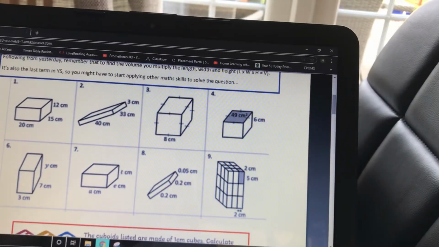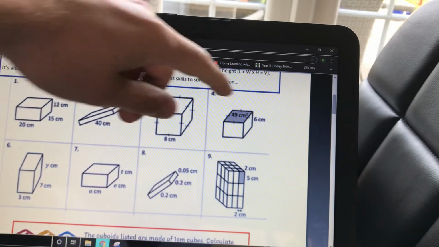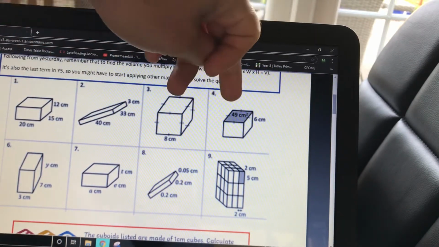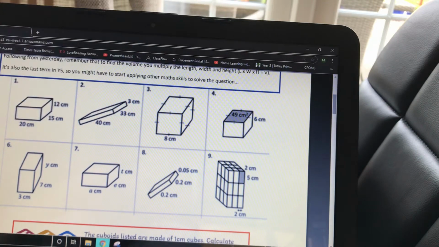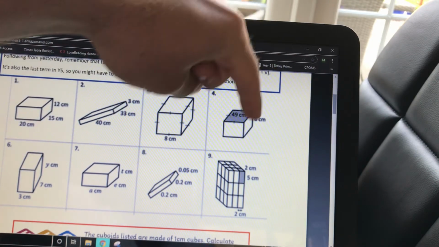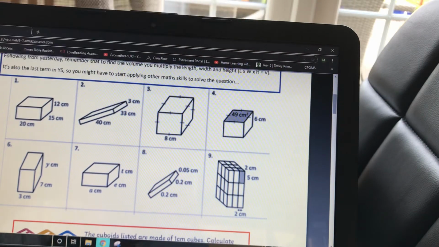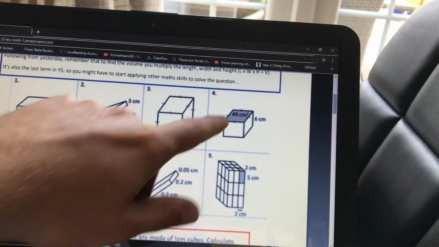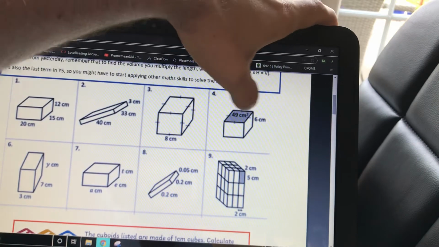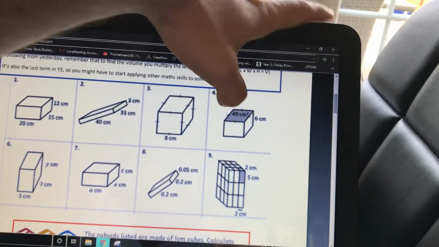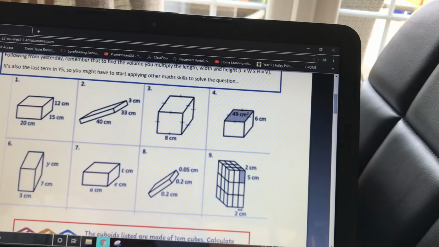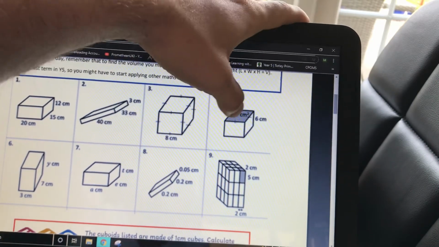The next one. Okay, we've got these lines again here. So that's telling me that all these ones are the same. And it's actually given me the surface area, the area that the face is taking up. Now, you should be looking at that thinking, I've got a length and width that's got to make 49. Well, there's only one number that when you times it by itself makes 49. And you should be screaming at me that it is 7. 7 times 7 is 49.